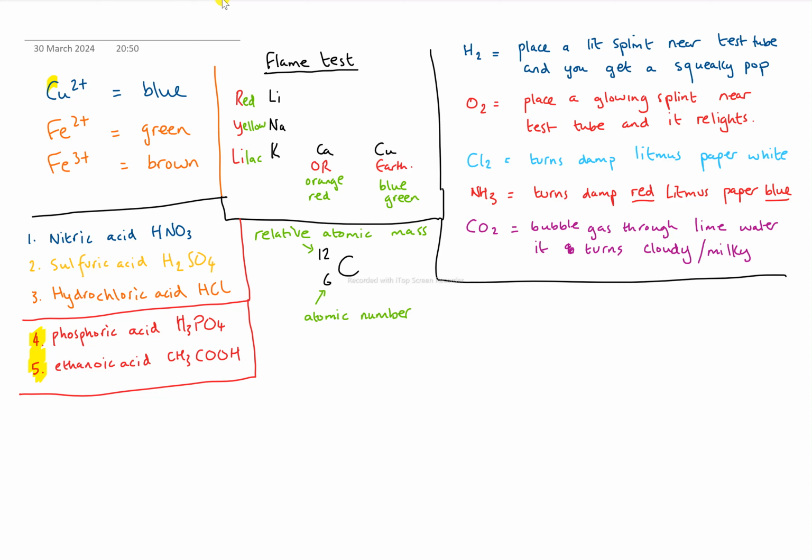Relative atomic mass is protons plus neutrons. This here is simply protons. And in any atom, the number of protons equals the number of electrons.